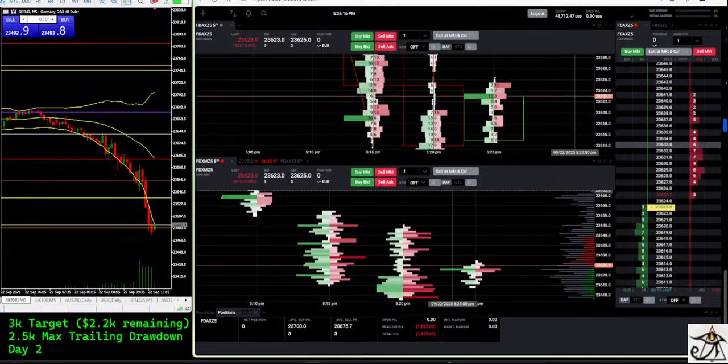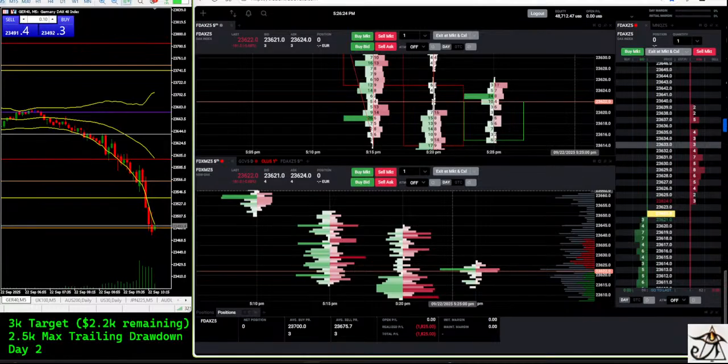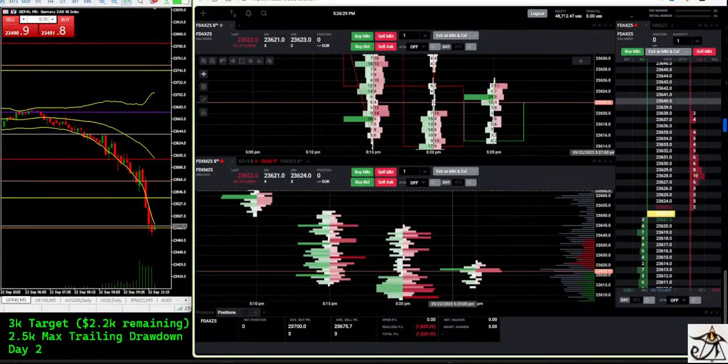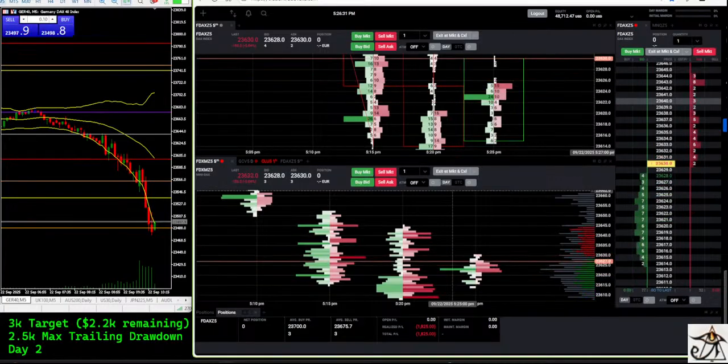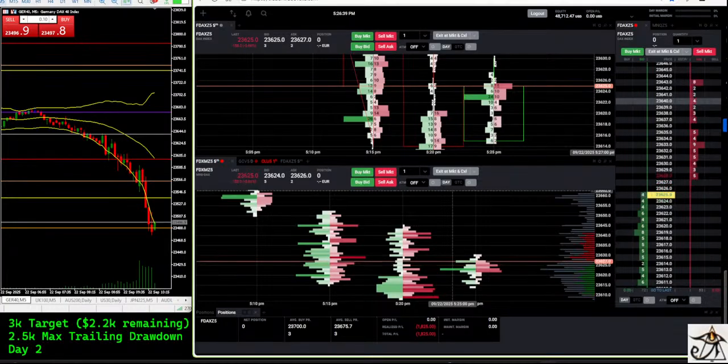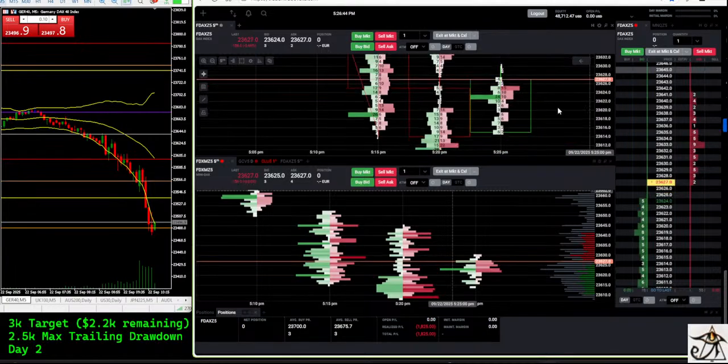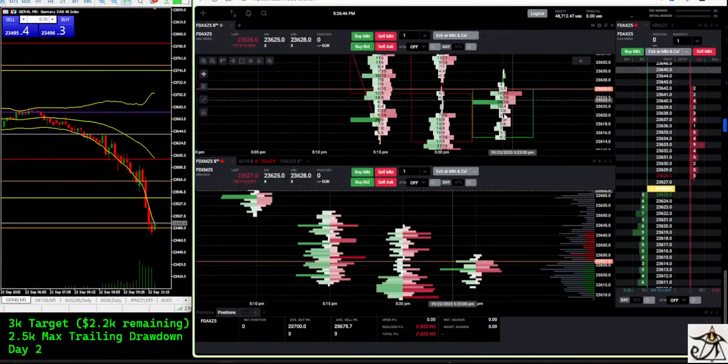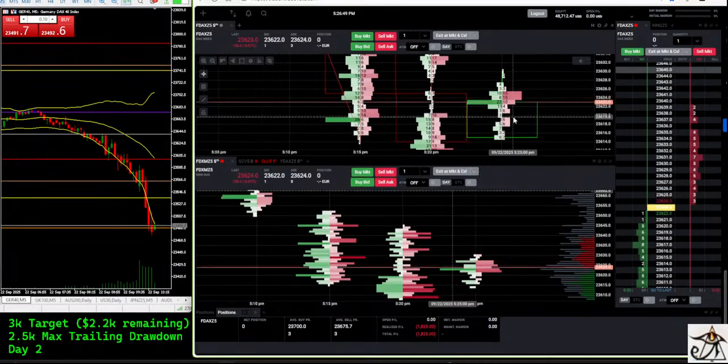Bit more order flow coming through all of a sudden. Looks like aggressive selling. So somebody wants this market to go lower for the moment. Just watching this order flow, it's quite unusual. Got 15, 16 contracts there.